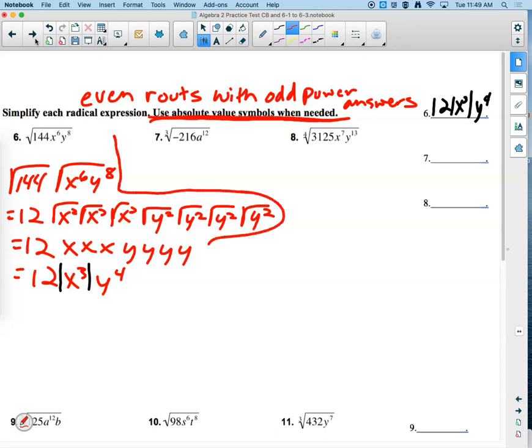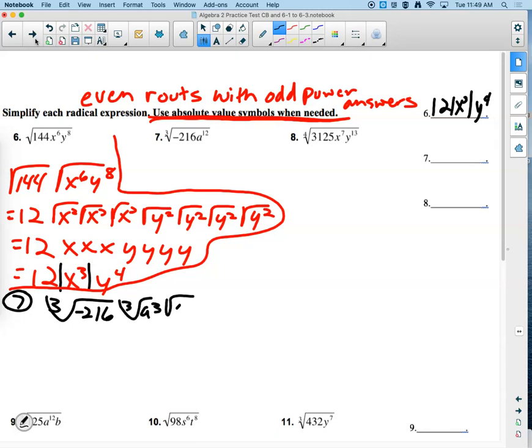Okay, that kind of went all over the place, so maybe I'll have to fit 7 down here. Cube root of negative 216, cube root of a to the third, cube root of a to the third, and so on. Why did I have to write so many cube roots of a to the third?